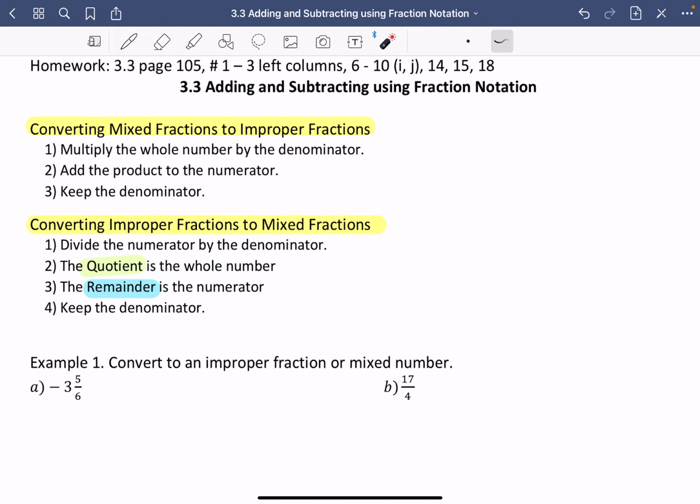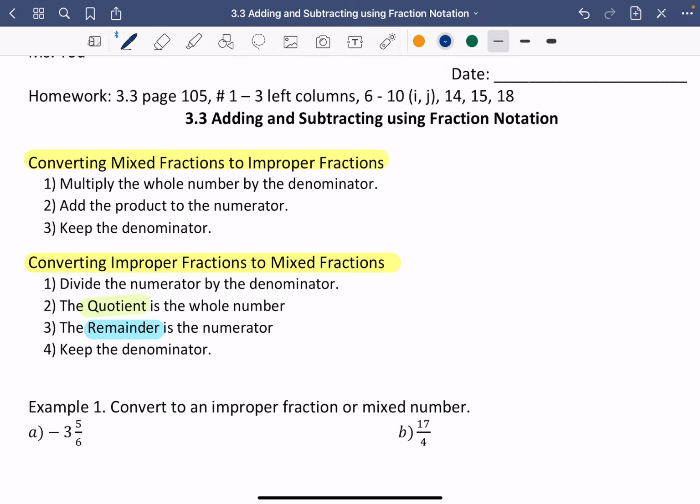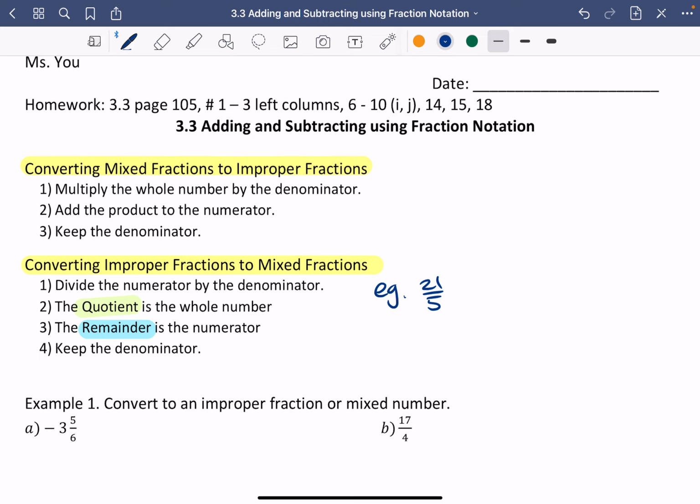Okay, so let's do one example together. Let's say I have 21 over 5. To change that to a mixed fraction, you're going to divide 21 by 5. Four of the 5s will go into 21, so the remainder is 1, and the quotient is 4. The quotient is the answer to division.